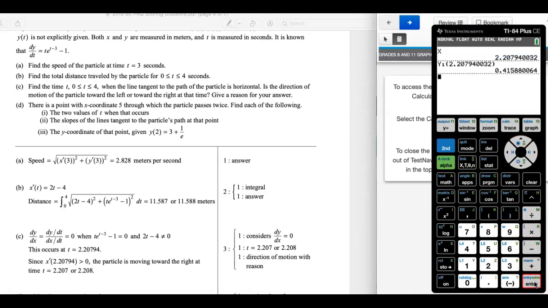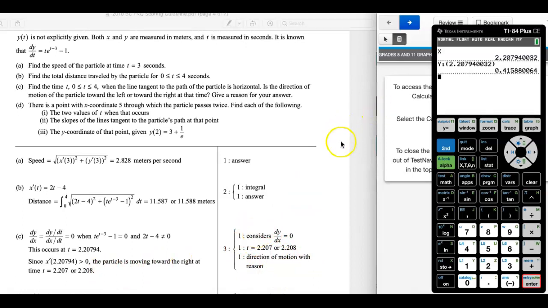That gives me my dx/dt, which they do not list in their solution guide, but this value is positive. So what does that mean? If dx/dt is positive, then our particle is moving to the right at that particular time. You can see in the scoring guideline how those points are distributed.